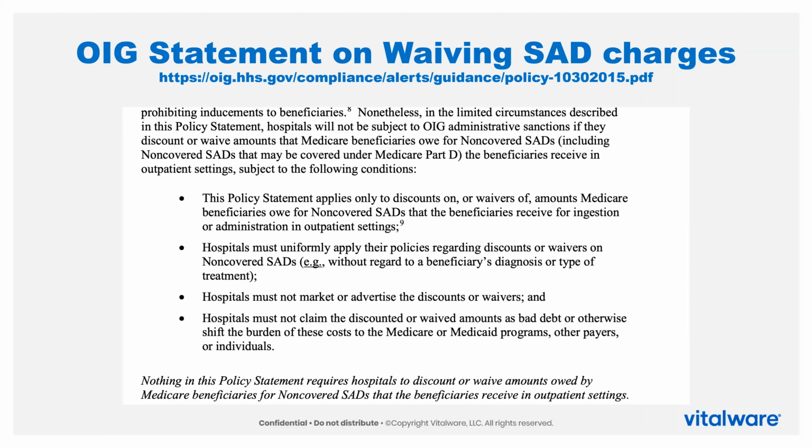Now remember, this only applies to OIG administrative sanctions. It doesn't necessarily apply to all potential infractions within the Medicare program, but as far as the OIG is concerned, they're not going to create an administrative sanction for this.